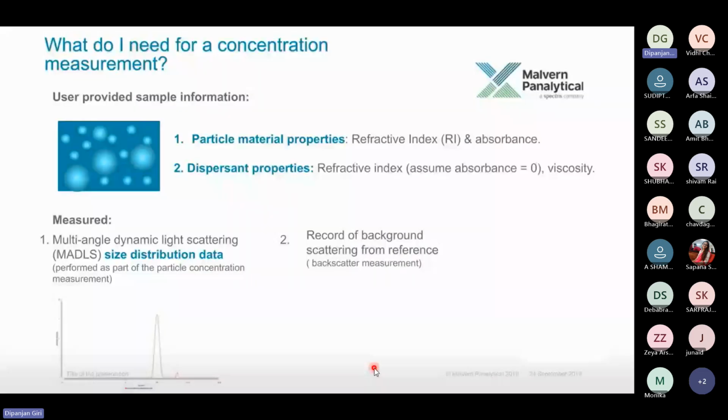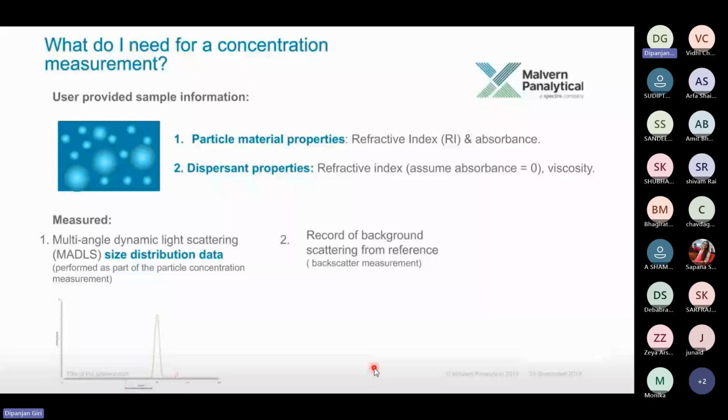But for the concentration measurement, you need some particle material properties like refractive index and the absorbance. You need the dispersion properties, where the refractive index is assumed to be 0 for the dispersion one, and the viscosity. And how we perform that: you just measure multiple MATLAB size distributions.